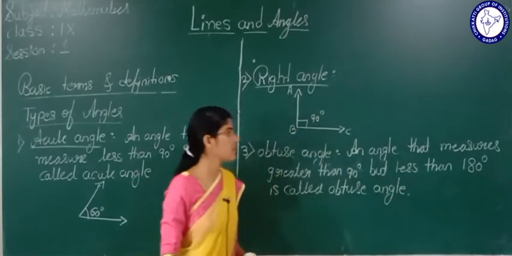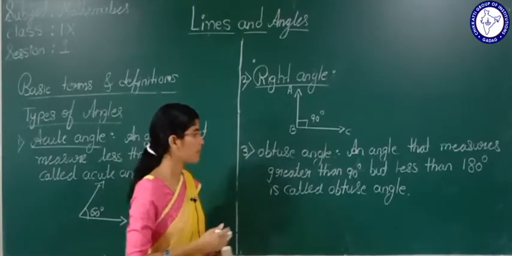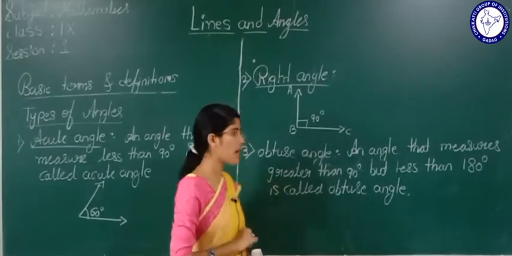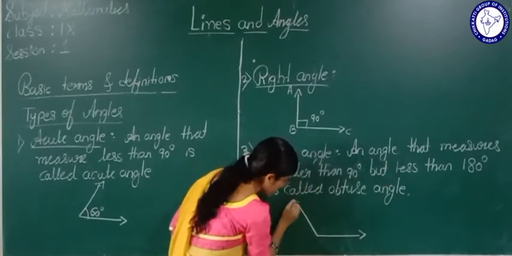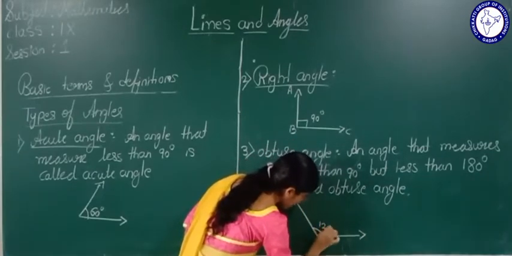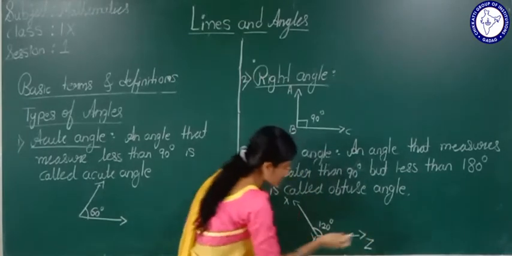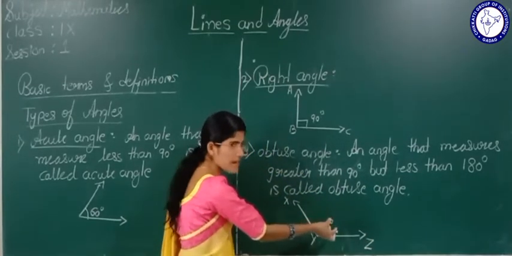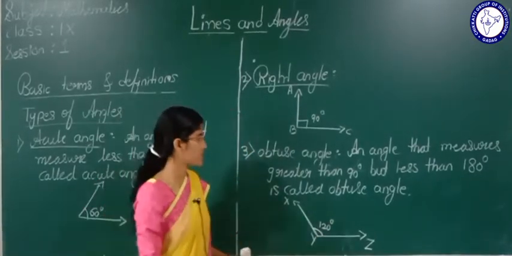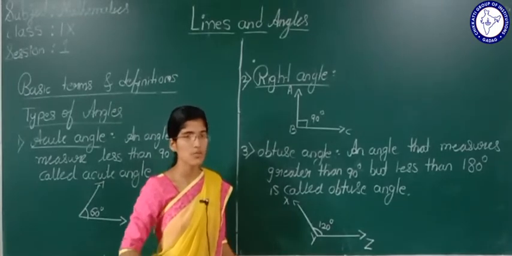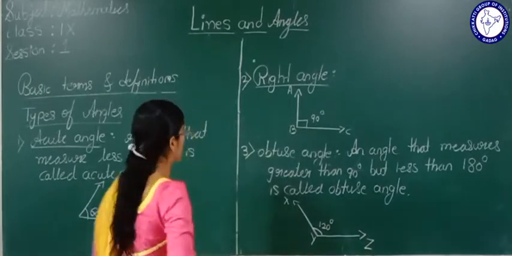What is obtuse angle? An angle that measures greater than 90 degree, okay, but less than 180 degree. Now see, if I take one here, 120 degree, angle XYZ, this is greater than 90 degree but less than 180 degree. Such angles are called obtuse angle.